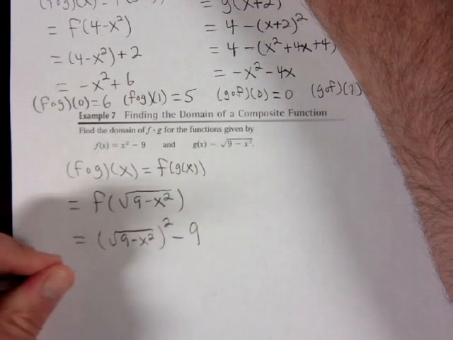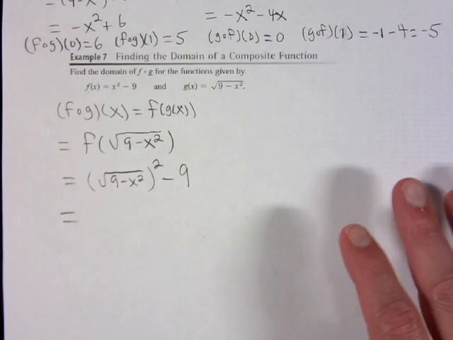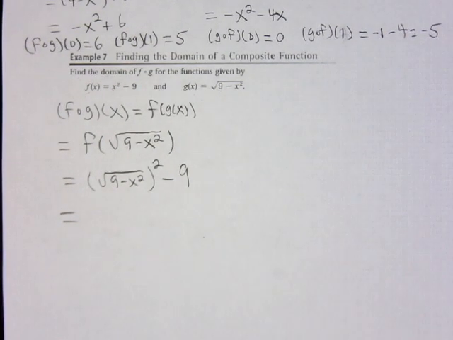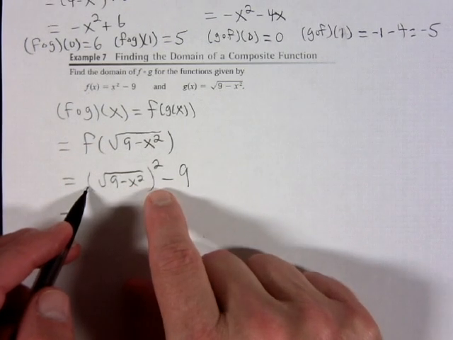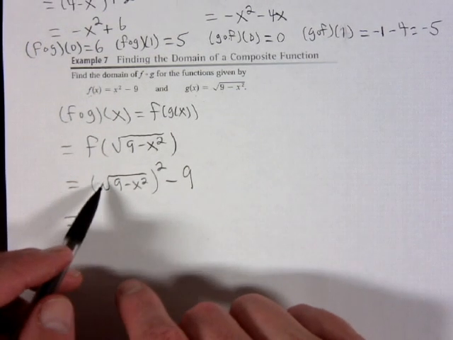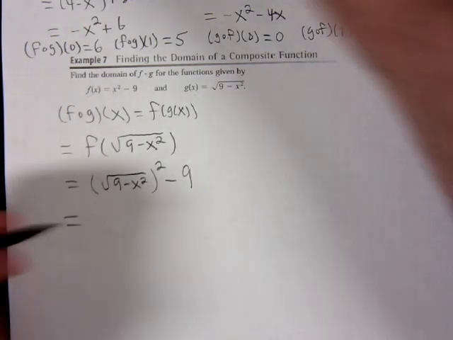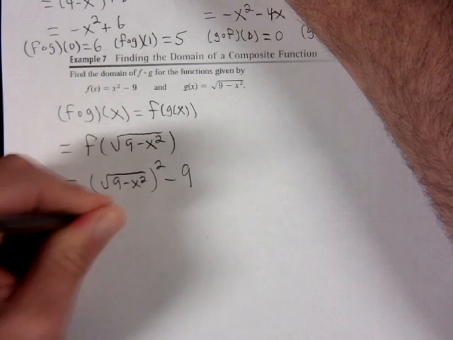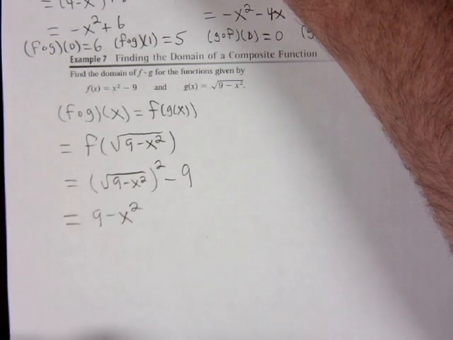All right, so let's do a little bit of simplifying here and see if we can come up with the composition, what it looks like, in a little bit better form. Remember, square root and squared, they're opposite operations, right? And so they undo each other. So the square root of 9 minus x squared would just give me 9 minus x squared. All right, so that falls out nicely, and then we've got a minus 9.